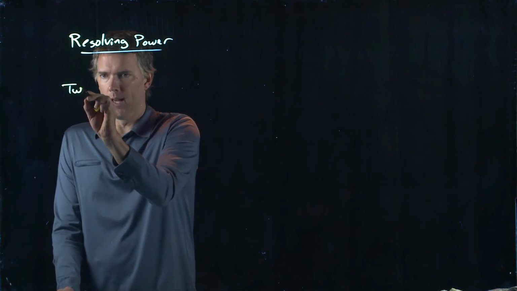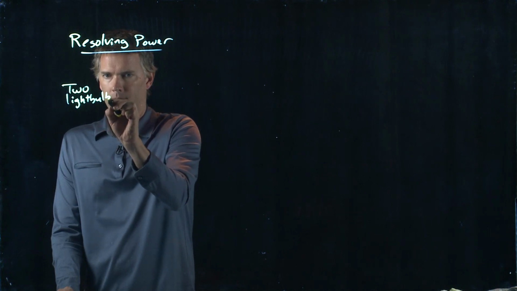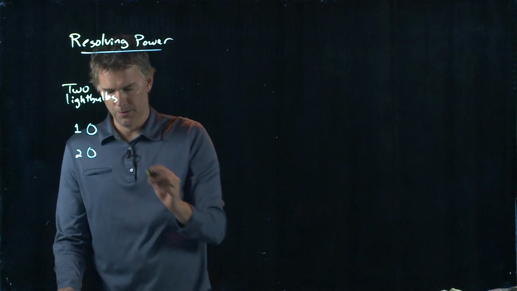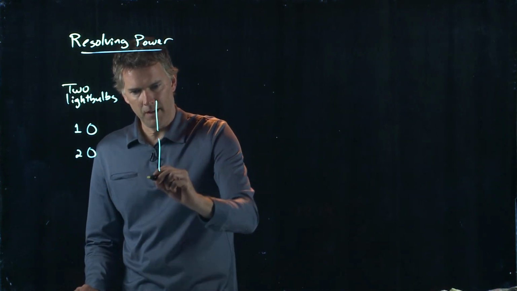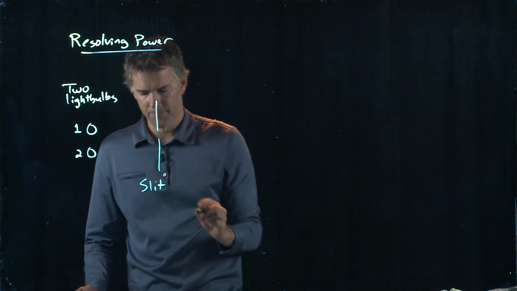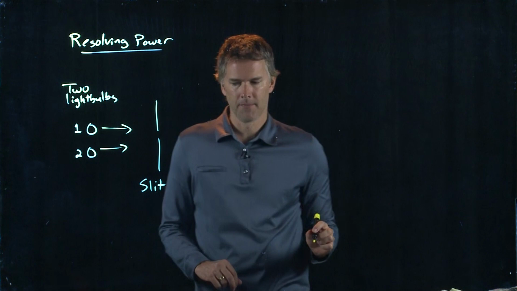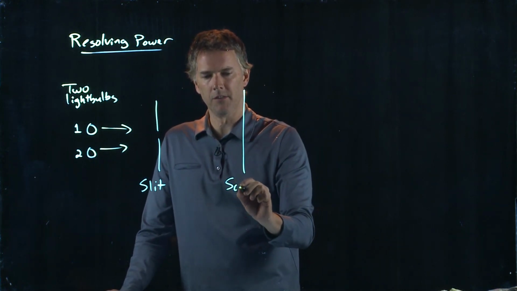Let's say we have two light bulbs, number 1, number 2. And we're going to put a slit right there. There is light coming from these light bulbs towards the slit. And when it goes through the slit, let's image it onto a distant screen.